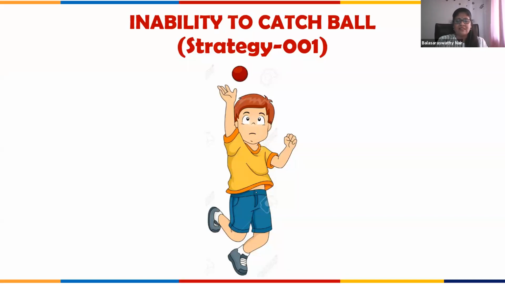In the class the teacher doesn't want him, or he's so slow that he's not able to cope with the speed of other children. As a result, he is termed slow in the class. Now while playing the game, he drops the ball so often that the score of the team is not as good. So what is the final result? He is removed from the team, and his or her self-esteem is really damaged.